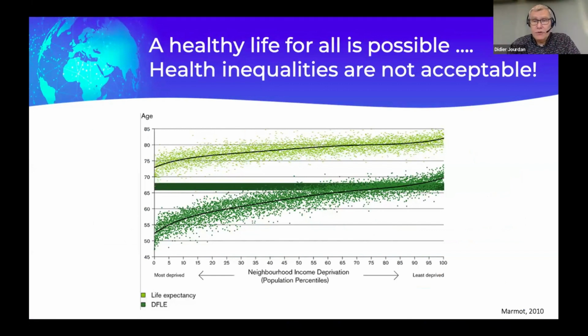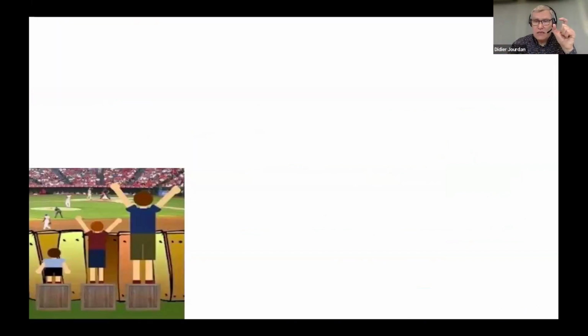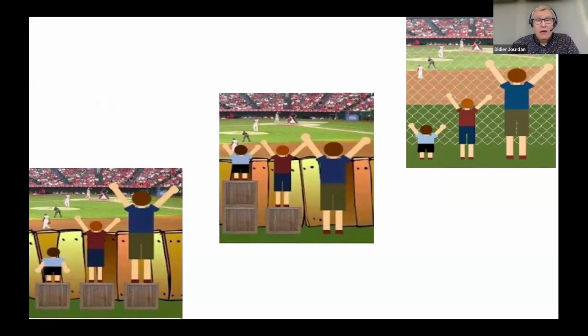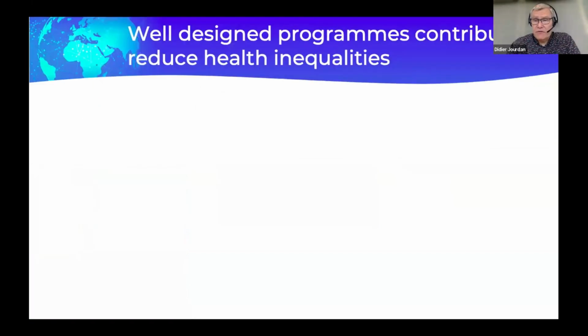And why do we need to strengthen health education and promotion in schools? Because this is one of the best ways to contribute to reducing health inequalities and to remove most of the obstacles for people to be healthy. I'm not just saying that from my own point of view.